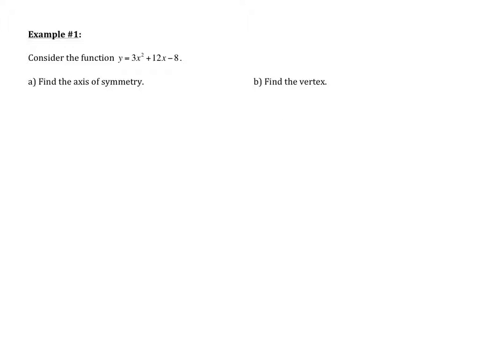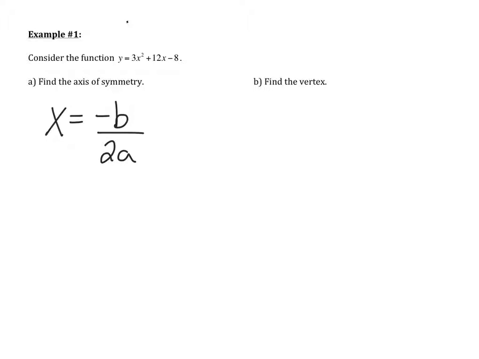So let's put all of this to work. Here's example number 1. Consider the function y equals 3x squared plus 12x minus 8. So here we have an equation for a quadratic function in the ax squared plus bx plus c form. To find the axis of symmetry, we are going to take that equation, x equals negative b over 2a.